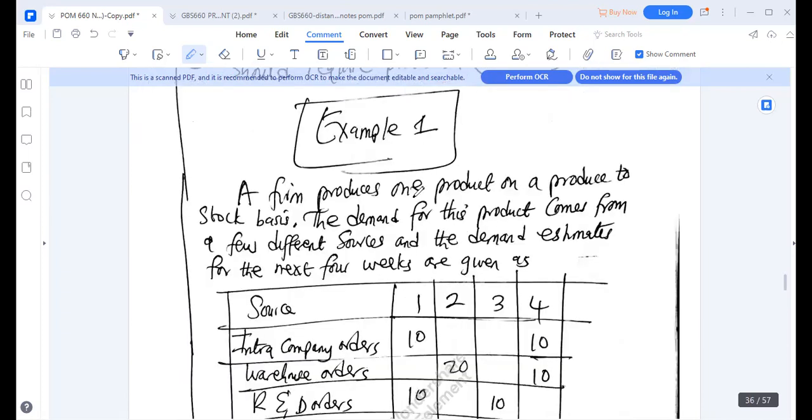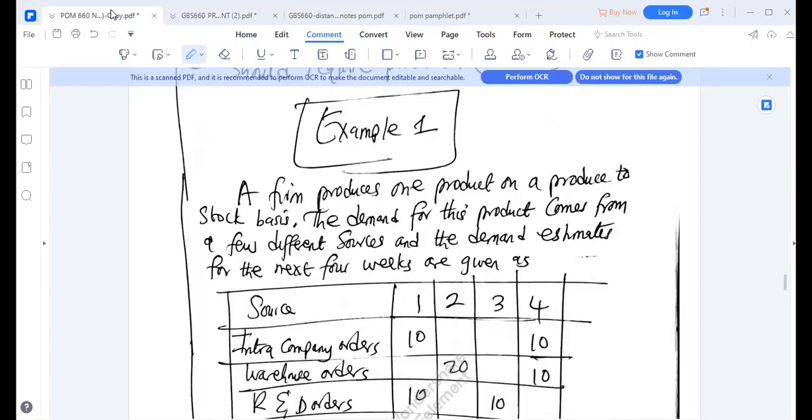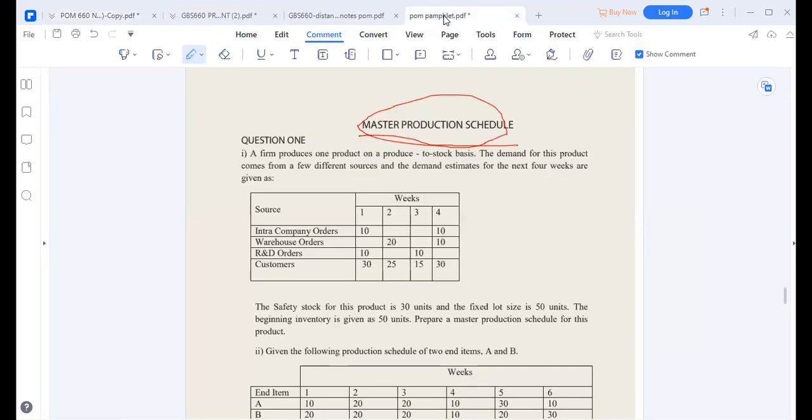A firm produces one product on a produce to stock basis. This question came from the pamphlet. All these questions here came from the pamphlet, and some of these questions, if not all of them, are just repeated. The firm produces one product on a produce to stock basis, meaning that they are just producing to keep.